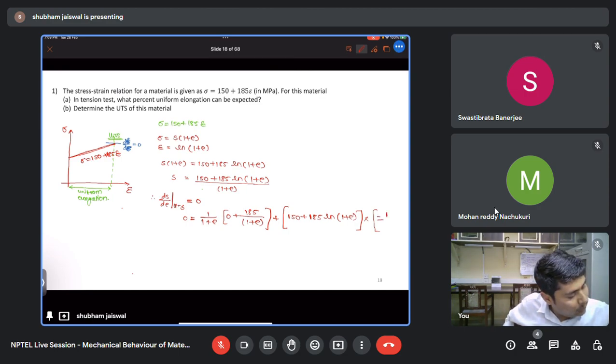Minus 1 upon (1 plus eU) whole square, and the denominator term will go this side and it will become 0. So only this much is the derivation of that equation.